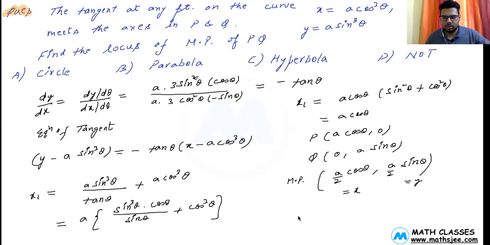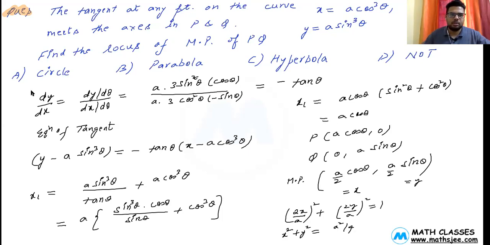So this is nothing but 2x by a whole square plus 2y by a whole square equals 1, because from this we have found the value of cos theta, and from this the value of sin theta. We substitute, because we know cos square theta plus sin square theta equals 1. So this is the equation, and clearly this is x square plus y square equals a square by 4, and this is the equation of a circle. So the answer should be circle.